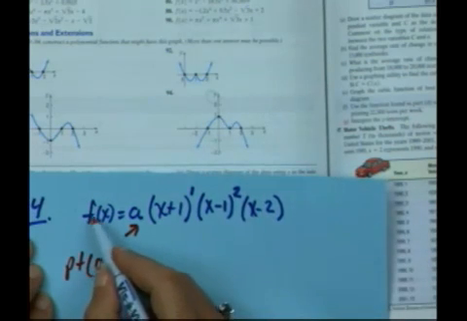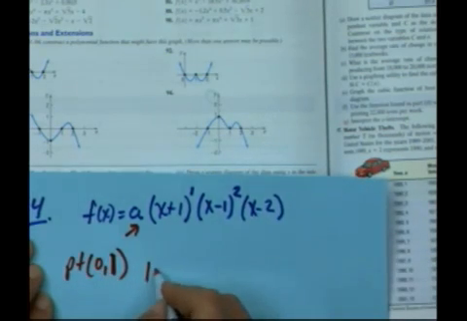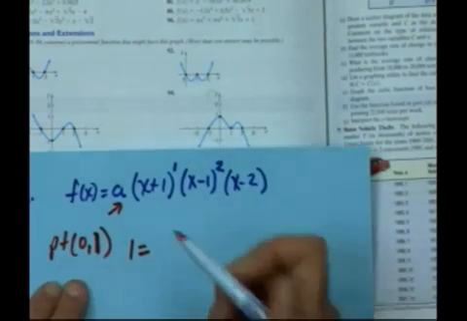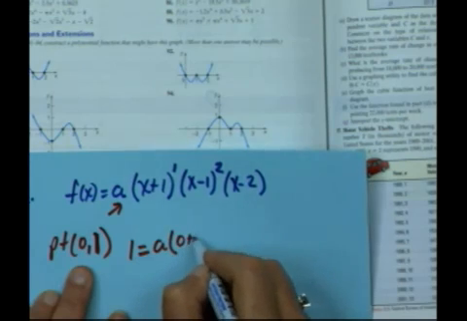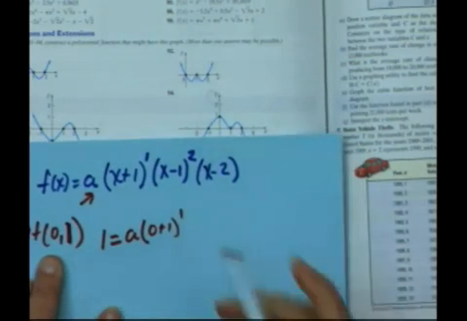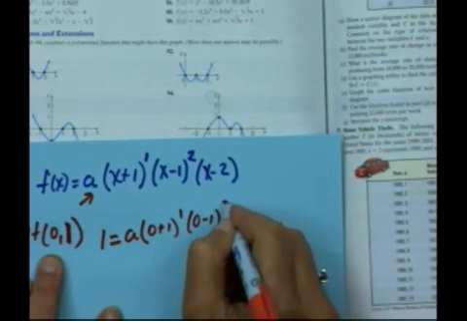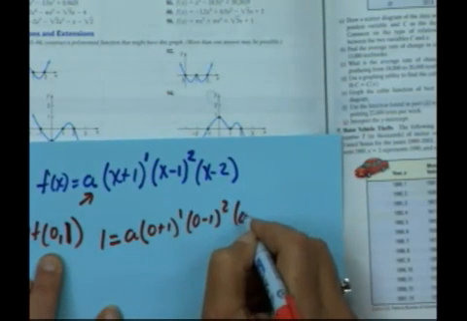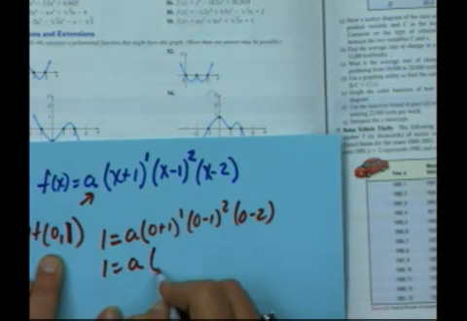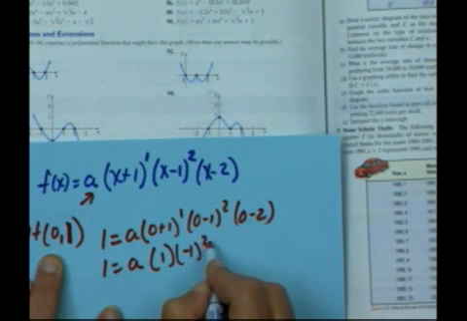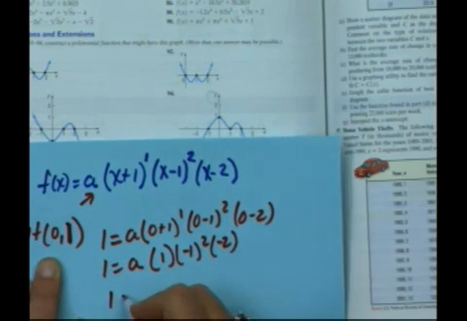So we can just put in when y is 1, x is going to be 0. So we have a times 0 plus 1 to the first, 0 minus 1 squared, 0 minus 2. 1 equals a times 1, negative 1 squared, negative 2.